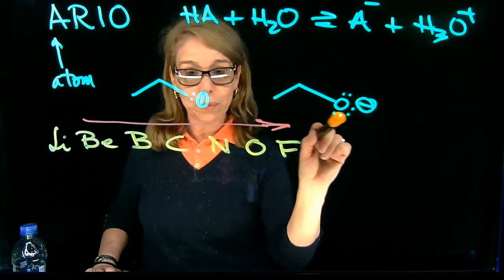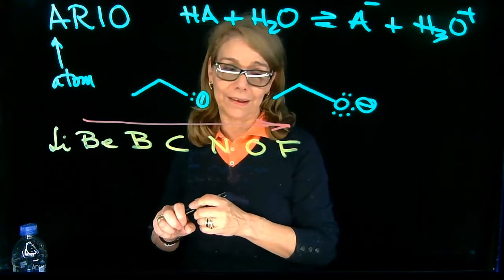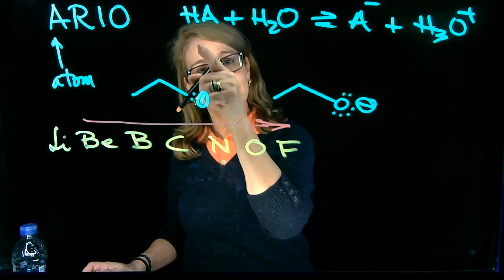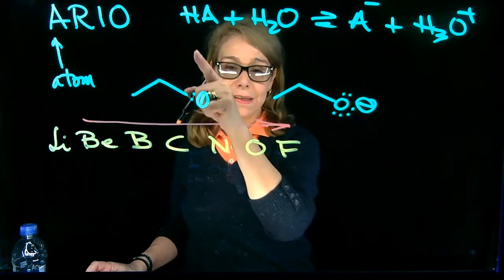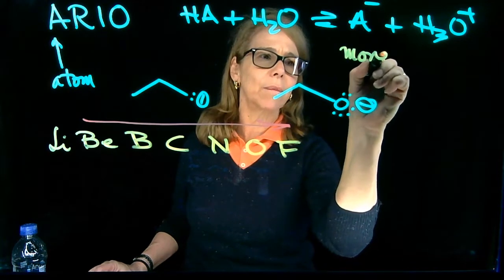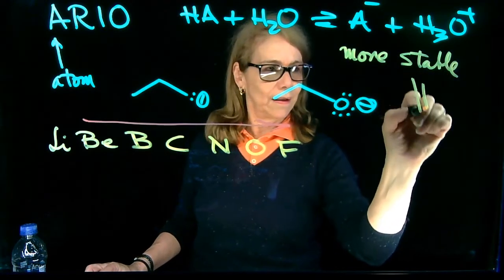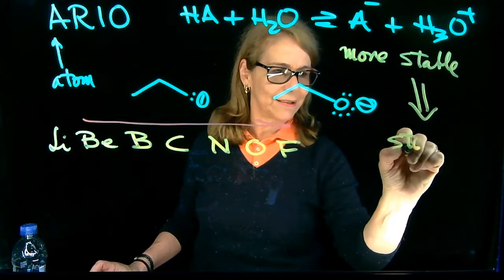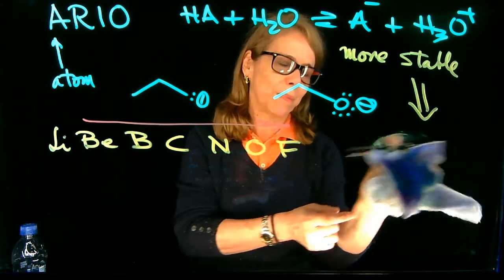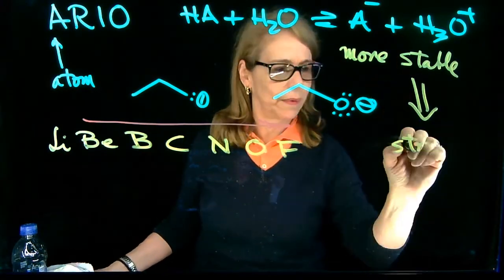So we're predicting here that this anion is more stable than this one. And if it is, then that makes the acid stronger because now this will dissociate better. So the more stable the anion is, the stronger the acid. And so here we're predicting stronger acid, the more stable the conjugate base.